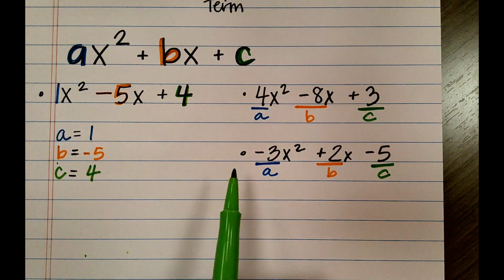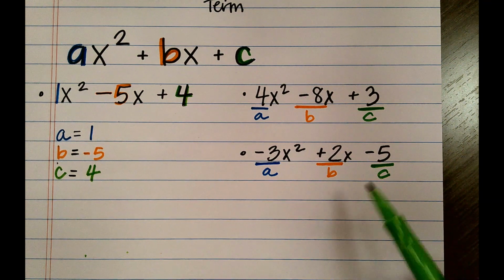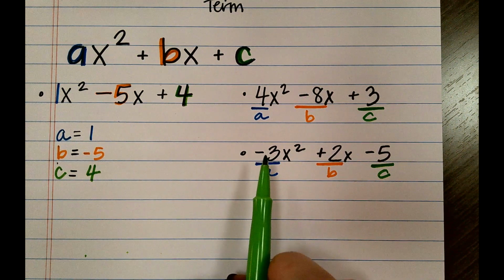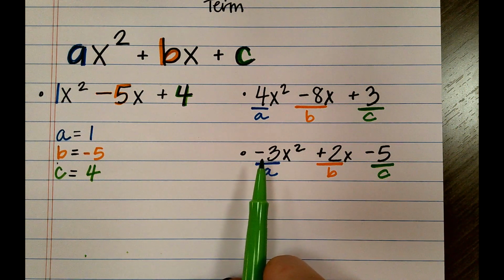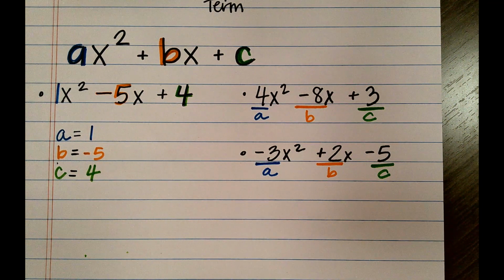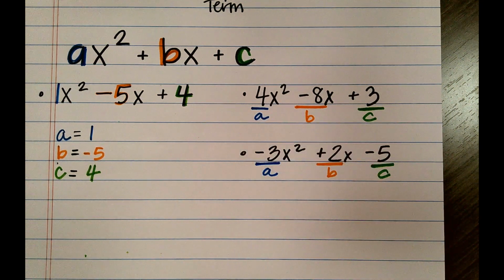Now, I will say in the future, and especially whenever we are starting to put these numbers into formulas, it's going to be very important that you pay attention to whether you have a positive number or a negative number. That will make all the difference sometimes. So, if just writing the A, B, C under it, if you think that you're going to lose one of the signs, don't do that.